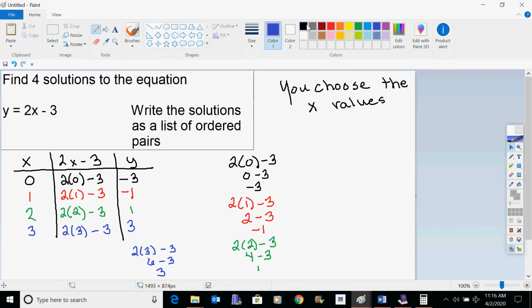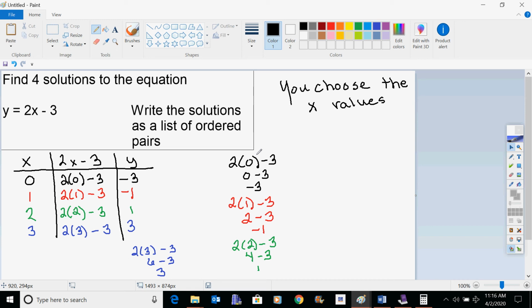Now it does say in here that the final part is to write the solutions as a list of ordered pairs. When we do the list of ordered pairs, to make them look the best, you would want to put them into set notation.